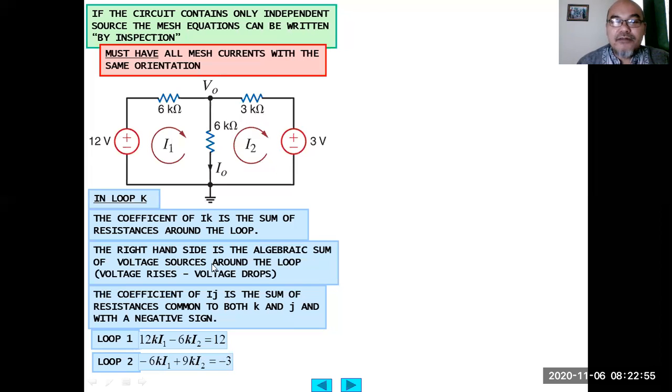So the I2 component will be 6 plus 3, 9 kilo ohm. The I1 component will be negative, because we are now investigating this mesh, not this mesh. So be careful, the sign may change.